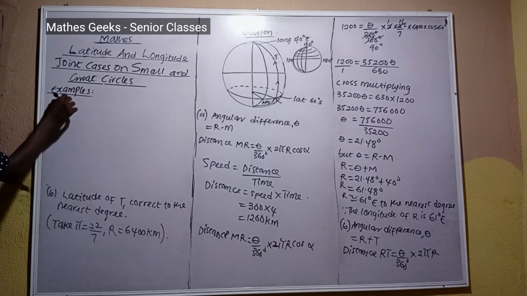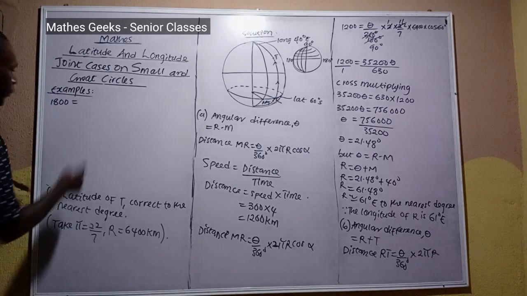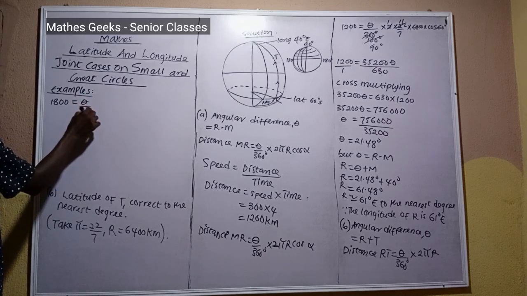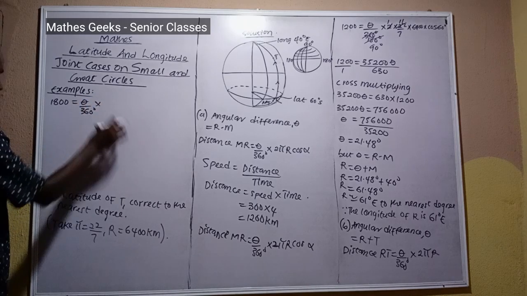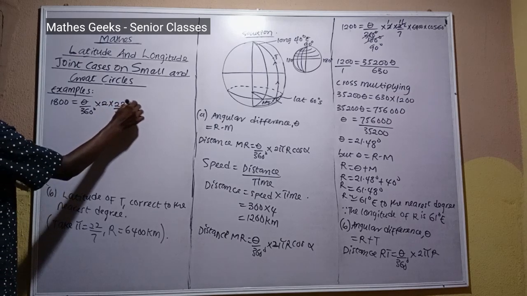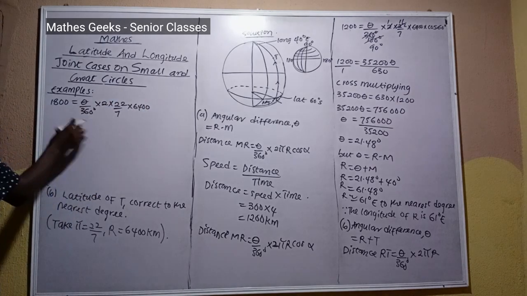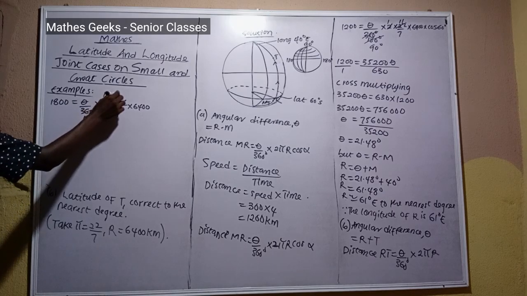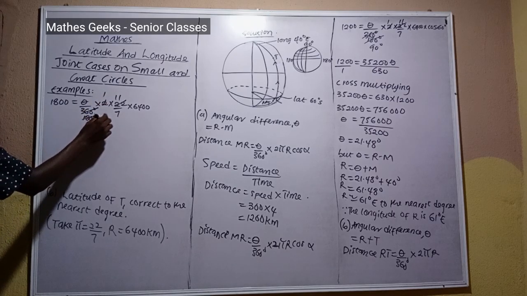So 1,800 is equal to theta over 360 degrees times 2 times 22 over 7 times 6,400. Okay, so 2 here and 2 here is equal to 180 degrees, and 2 here, 11, 2 here is 90 degrees.